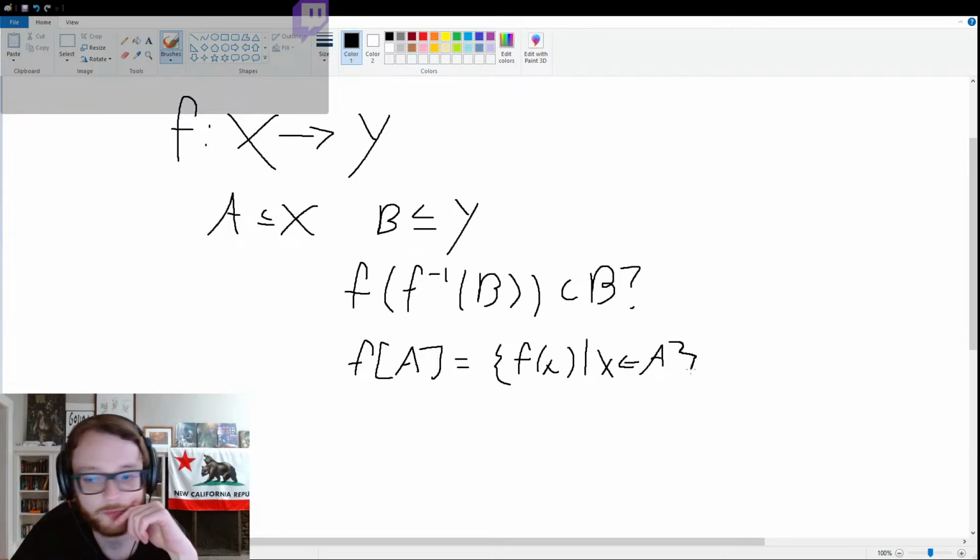Tomas, I have no clue what this is called. It's called whatever Cole just put in chat. It is set theory?